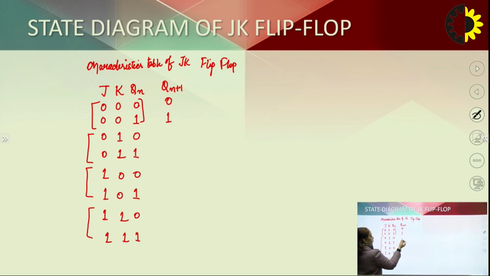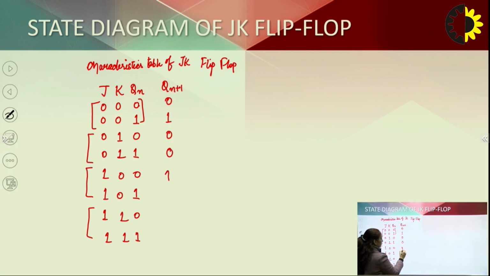When the value of K is 1, output is 0. When the value of J is 1, output is 1. And when the value of JK is 1 1, we have the toggle values. In this we can see that there are 2 types of states, state 0 and state 1.